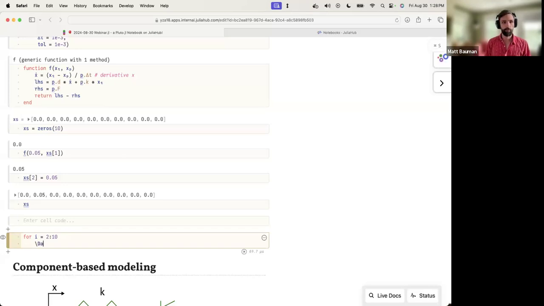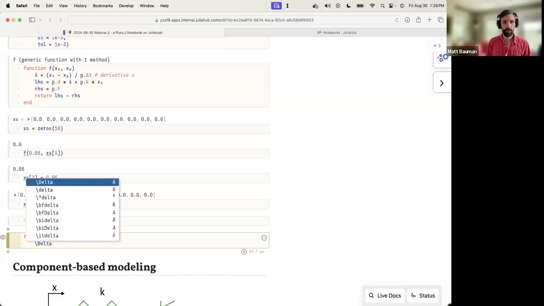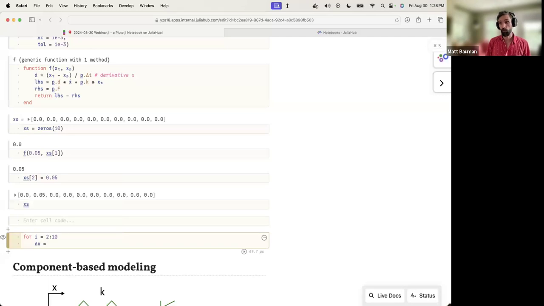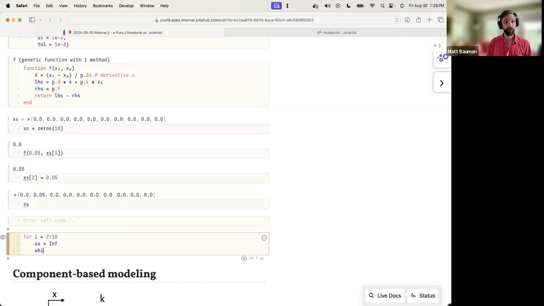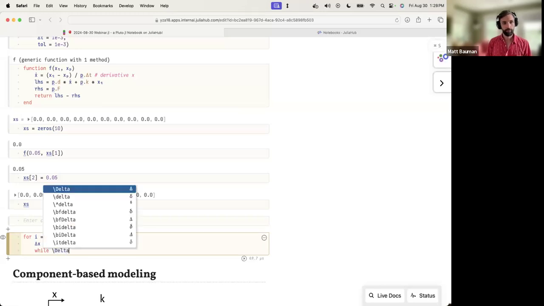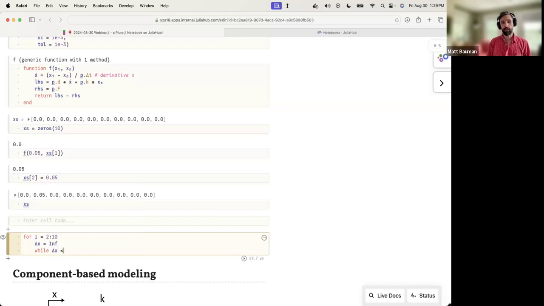And so we can start with maybe a delta x as, say, infinity, and just say, hey, while our delta x is greater than our, remember we had defined that tolerance of how accurate we wanted this to be.